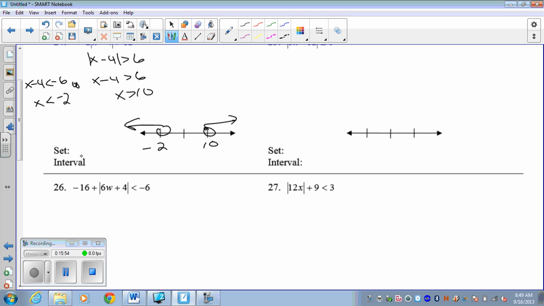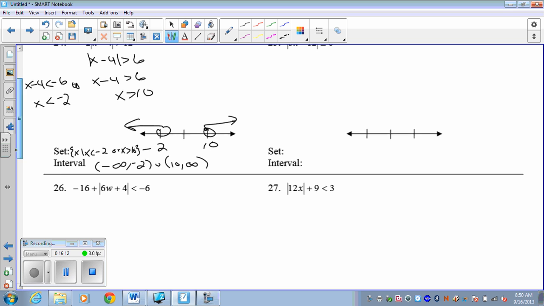So now we're ready for set notation. X such that x is less than negative 2, or x is greater than 10. Interval notation, I'm going from negative infinity to negative 2, and from 10 off to infinity.